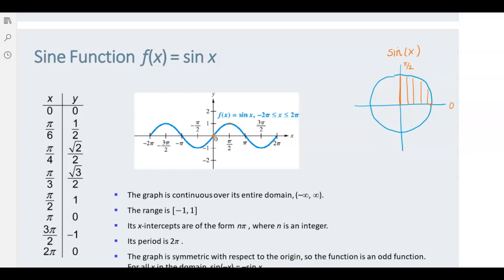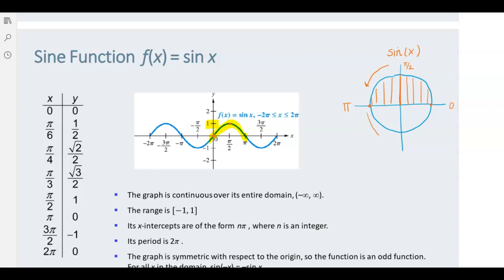And the values I see are increasing. When I go around through the second quadrant, those y values are decreasing from 1 down to 0. So that's this portion of the graph.